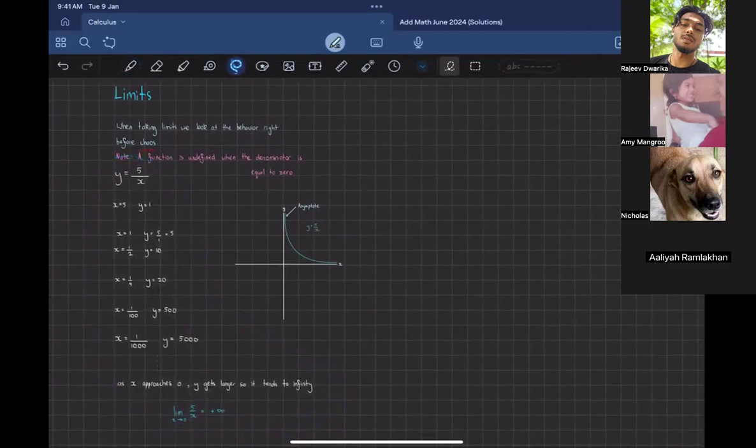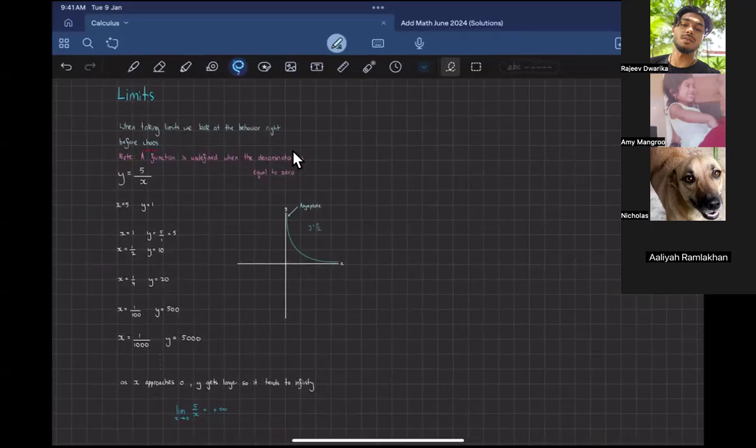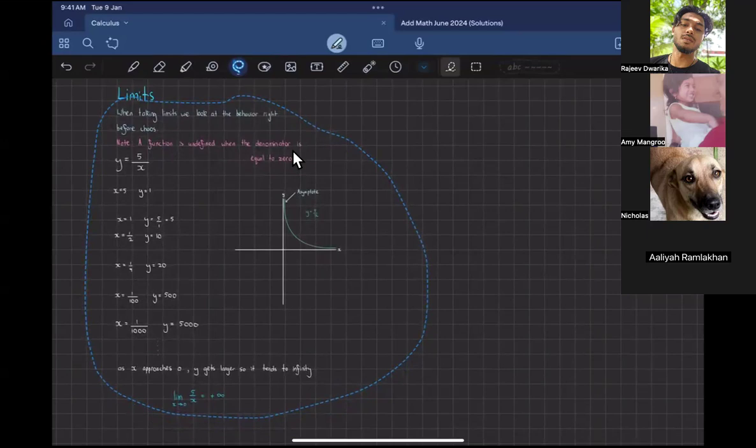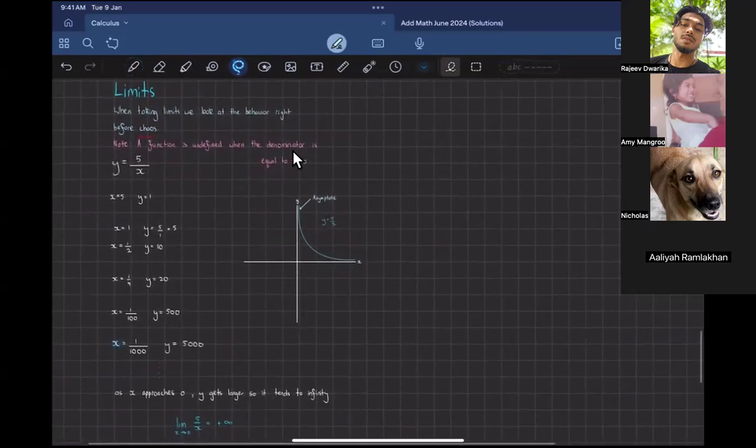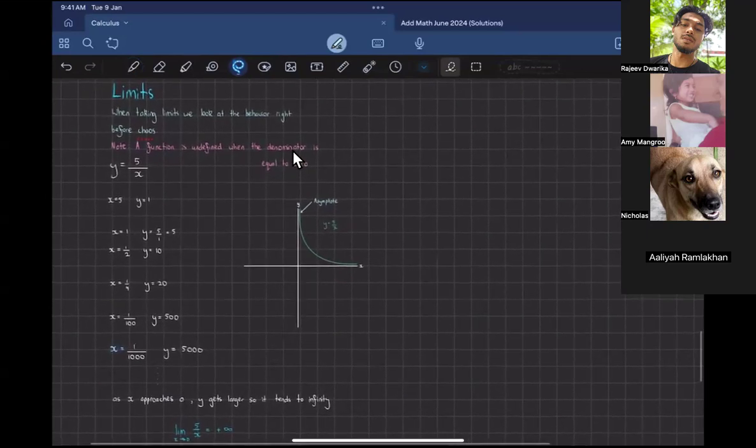All right, Nicholas, can you see that to copy down, or is it too small? I think you had to zoom in a little more. See if I could fit everything. You're on a phone or a laptop?